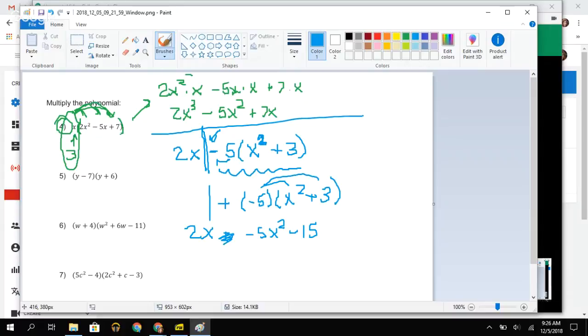So as long as you take this subtraction and make it negative and take it with you when you distribute, that means you've accounted for your negative when you're distributing. Hopefully I explained that right. So when you simplify this and write it, it would be negative 5x squared plus 2x minus 15. So take that negative along with you when you distribute. Don't forget that guy.